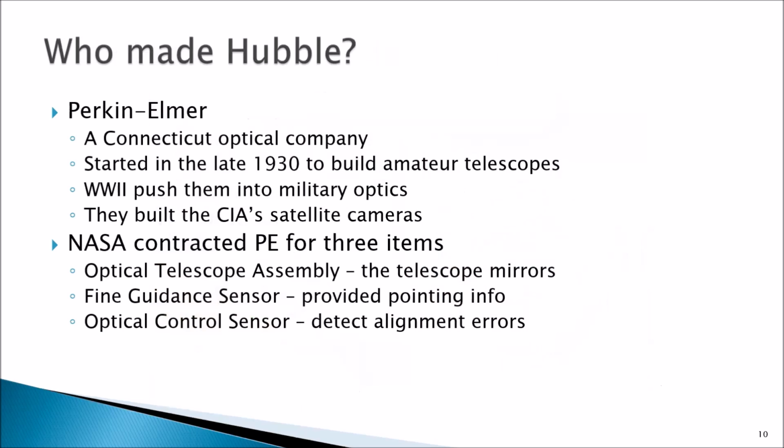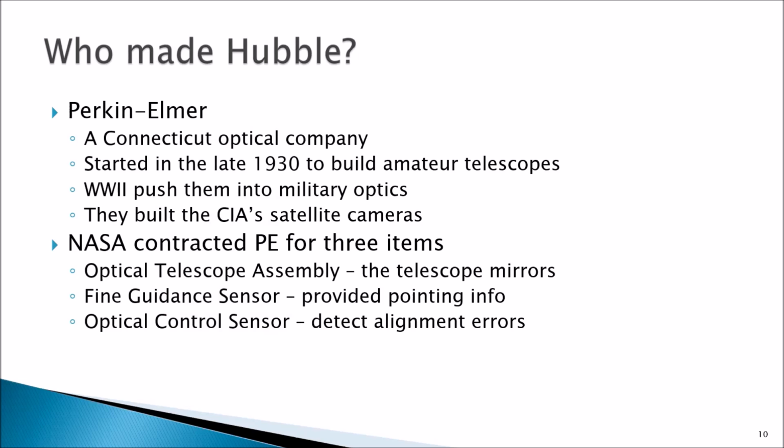So who made Hubble? Well, the company is called Perkin-Elmer. It is a Connecticut optical company started in the 1930s to build amateur telescopes by a gentleman named Mr. Dick Perkin and Mr. Elmer. Dick Perkin was a financier who worked on Wall Street. Elmer was a court reporter.